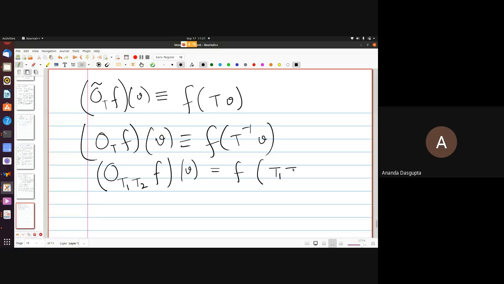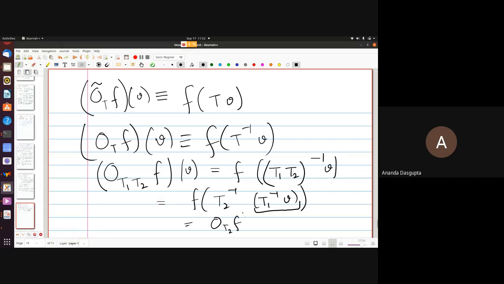This by the definition that we have used is f of T2 inverse T1 inverse V. So for the time being, let's just think of T1 inverse V as a vector, some argument which I have applied here. So this is nothing but O(T2)f, the function, acting at the point T1 inverse V. Right?